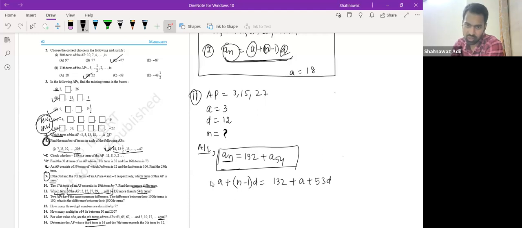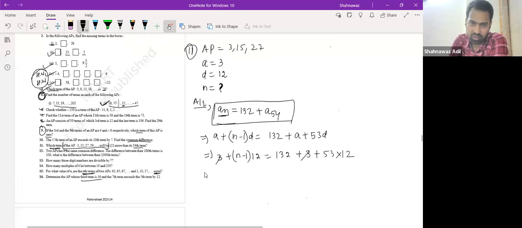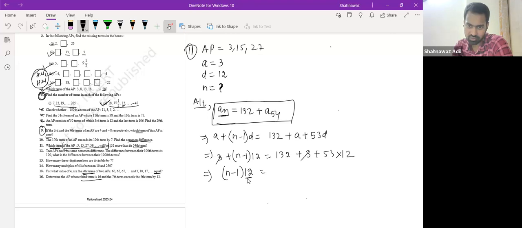Right, so a we know which is 3, n we need to calculate, d we know which is 12, and this is 132 plus a which is 3 plus 53 into 12. So 3 cancels, and we have 132 and 53 into 12.